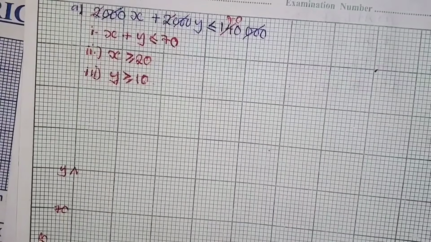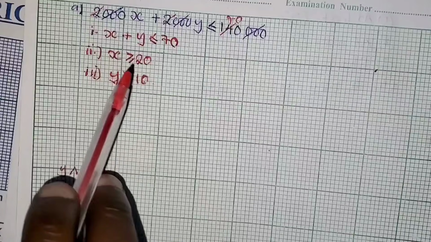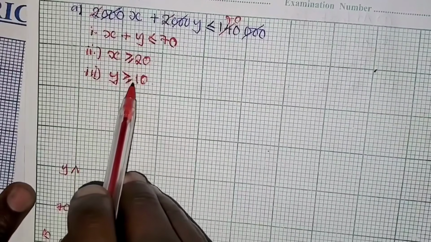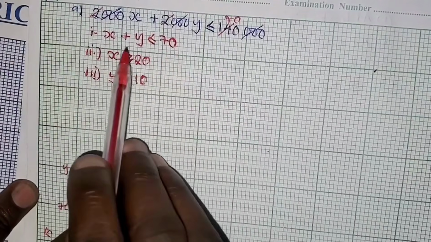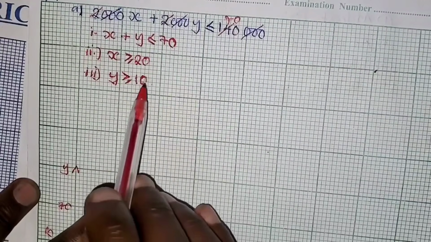This is very simple because these inequalities are very simple. I'm going to show you how you just graph them directly. You can first start with single inequalities. Let's start with any, because all of them are simple.